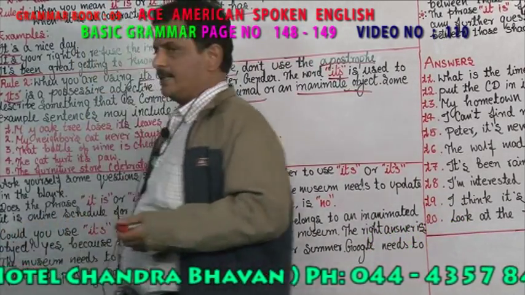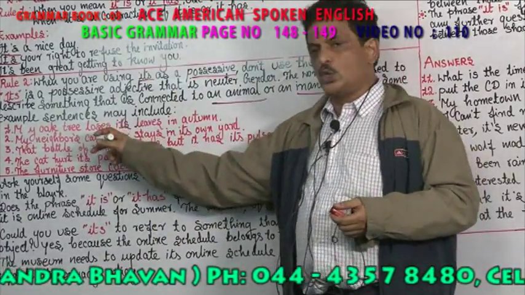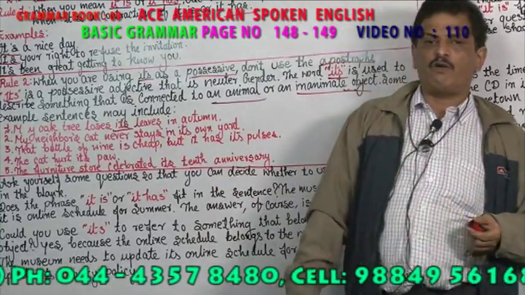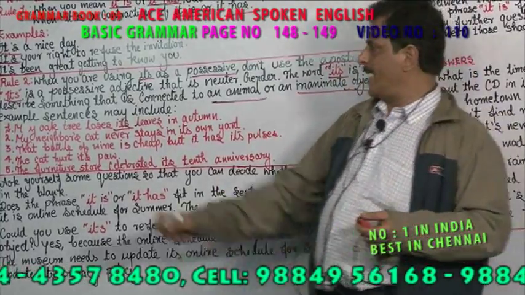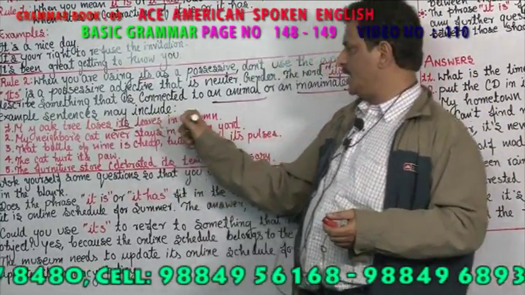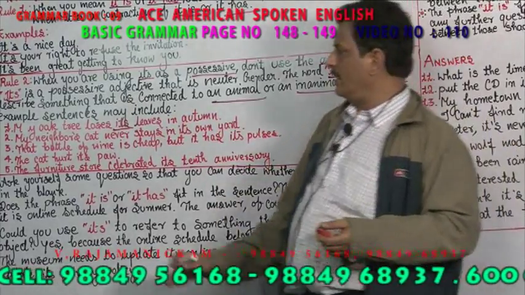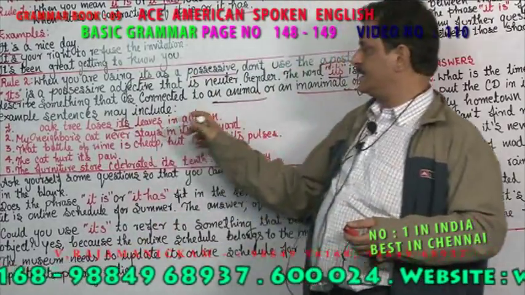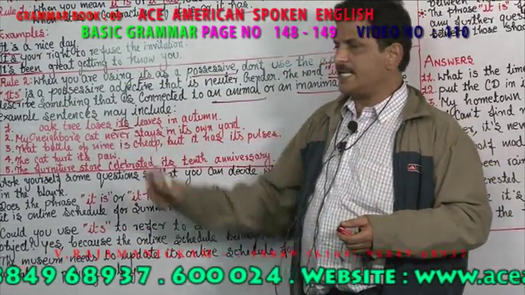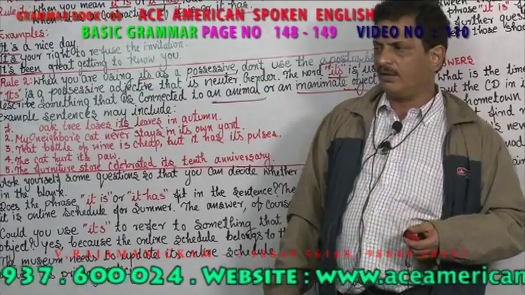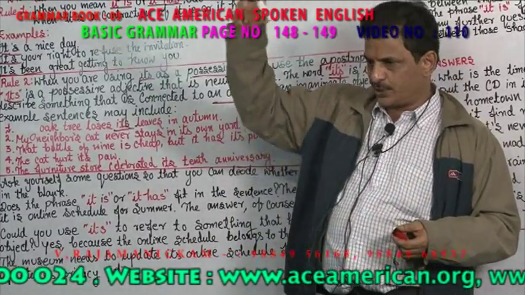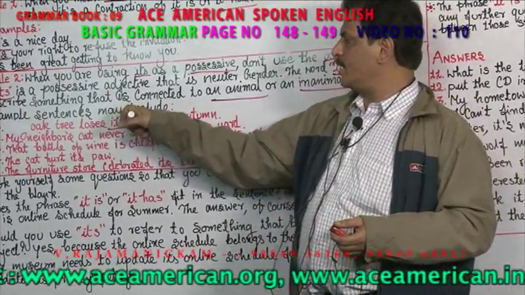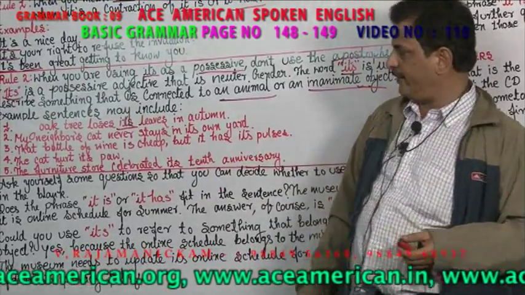My oak tree loses its leaves in autumn. What does this it stand for? Or oak tree, you just write oak tree. Oak tree loses its leaves in autumn. It stands for oak tree. It possesses. What does it possess? Leaves. So here you are not supposed to use an apostrophe.